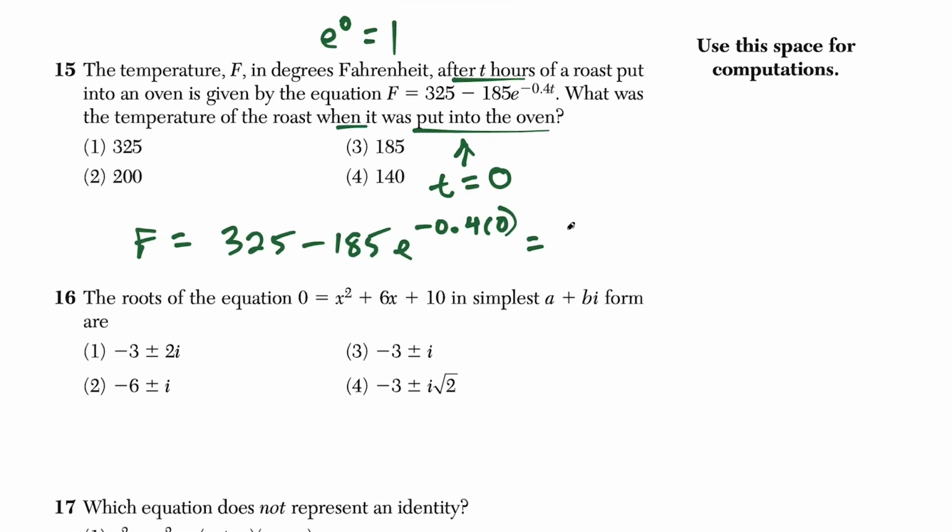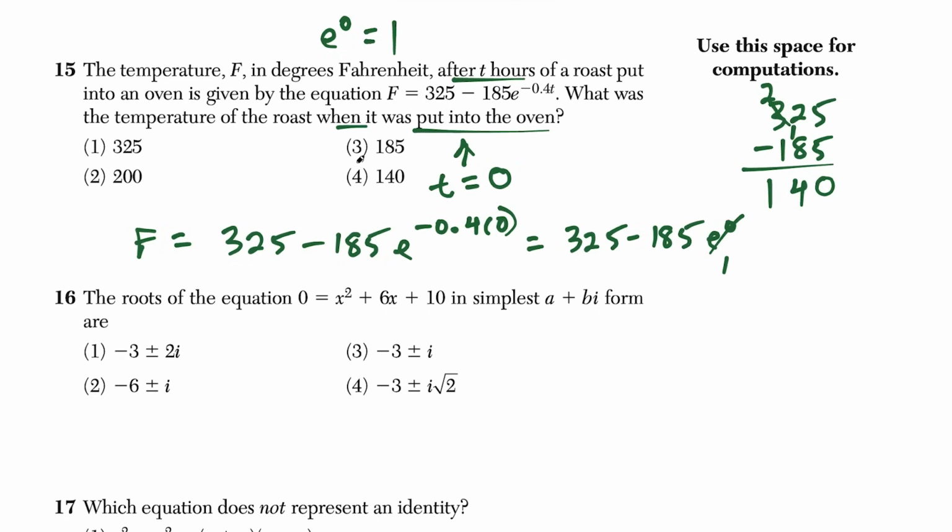So we're really just doing 325 minus 185. I'm going to borrow here, and I have 12 minus 8 is 4. 2 minus 1 is 1. So 140 degrees Fahrenheit was the temperature of the roast when it was first put into the oven.